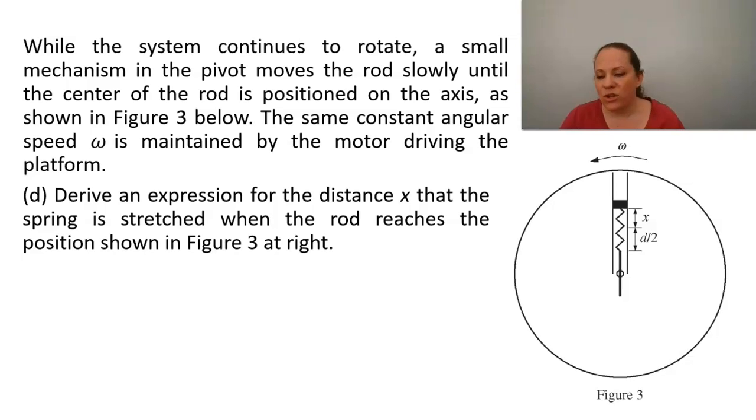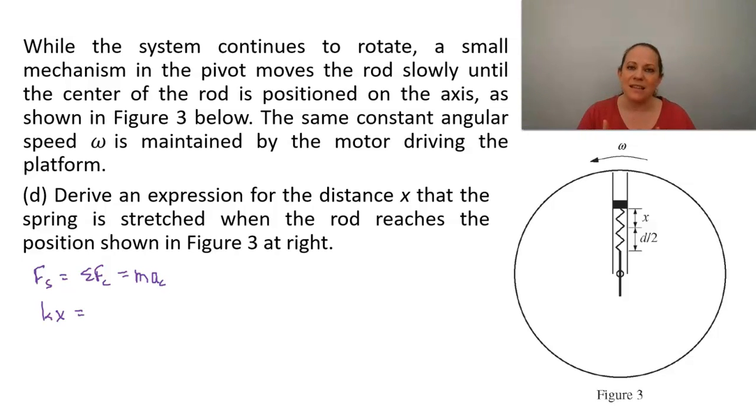So once again, we're starting off with this idea that the spring will be providing a centripetal force that will be equal to the mass of the block times its centripetal acceleration. Once again, kx is the spring force, where x in this case is the stretch of the spring.